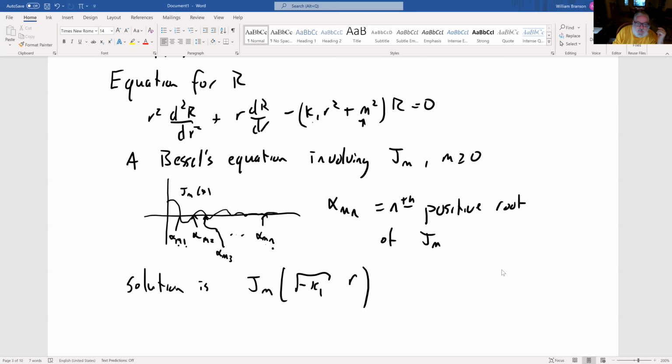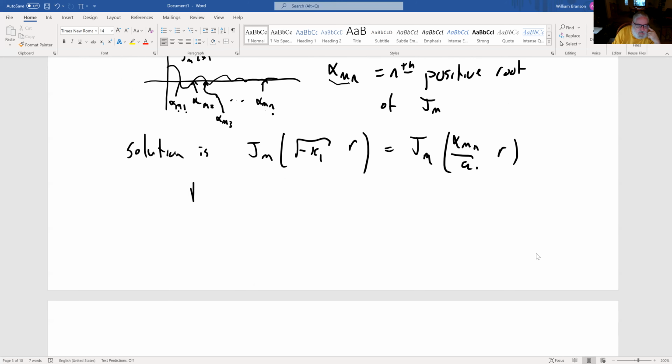On the one hand, the solution to the ODE involves this constant that comes from the ODE. On the other hand, we also know that the solution involves these roots. Remember that A is the radius of the disk that we're dealing with. And so that gives us a relationship between K1 and the roots of our functions.